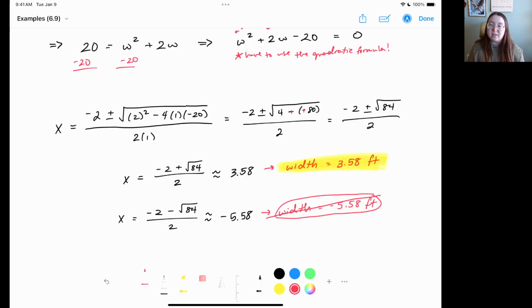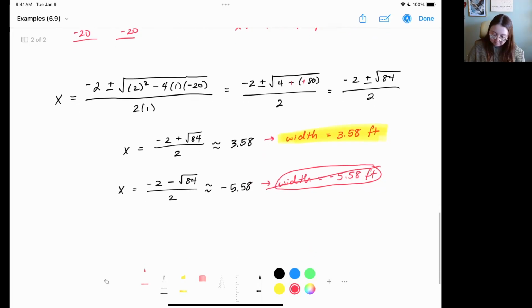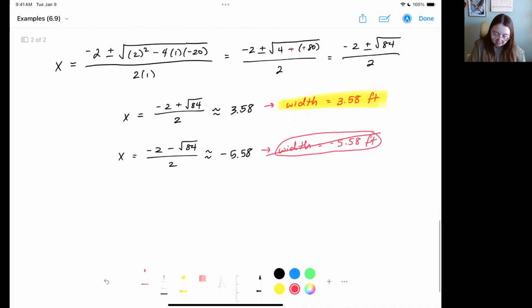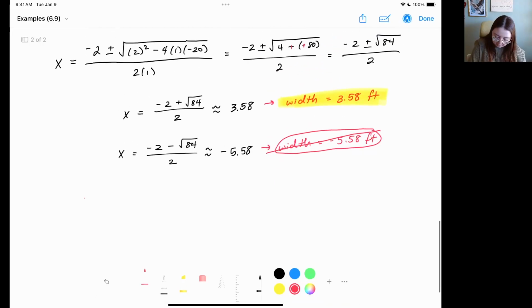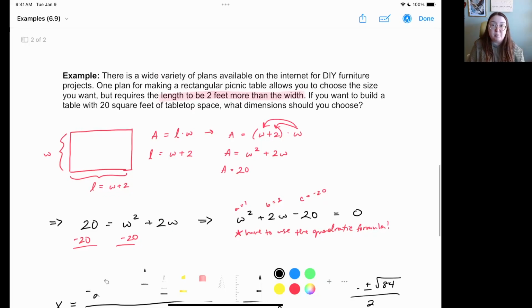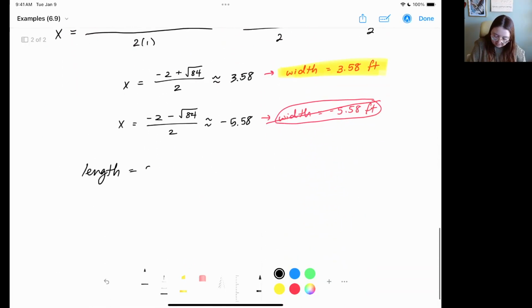So we get that the width is 3.58. We want to find the dimensions, so we also need the length. So if we know the width, then the length, remember from the problem, was 2 feet more than the width. So 2 plus the width. So 2 plus width.